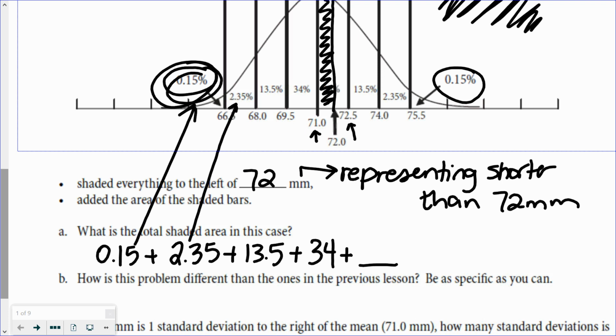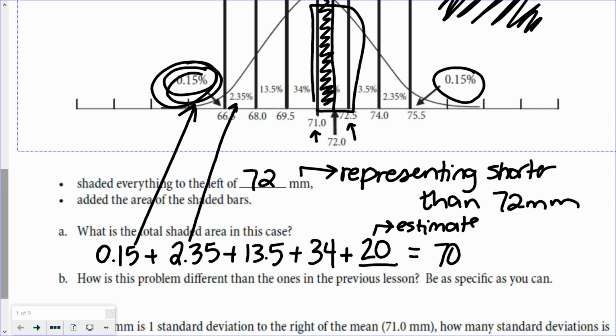So if that's 34%, I'm going to estimate that it's about 20-ish%, because it's probably slightly more than half of it. This whole bar is 34%, and it's definitely not the whole bar. So I estimated about 20%. So if I add all of those numbers up, about 70% of the cases will be shorter than 72 millimeters.